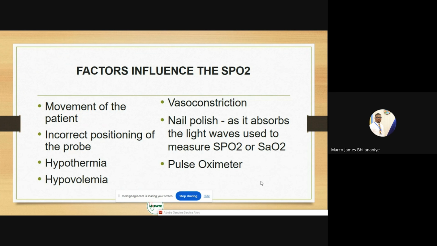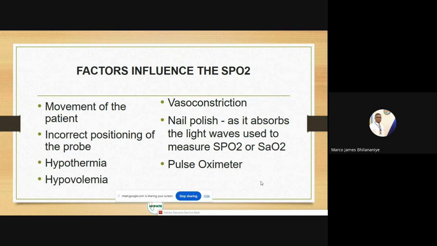Of course, movement of the patient himself or herself may lead to poor oxygenation readings, as can probe placement, meaning incorrect positioning of the probe. Hypothermia, as I have said, affects the signal strength and prevents the pulse oximeter from picking up the signal strength and interpreting the level of oxygen.